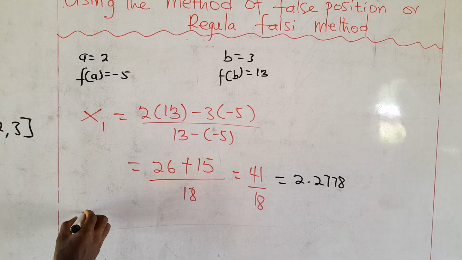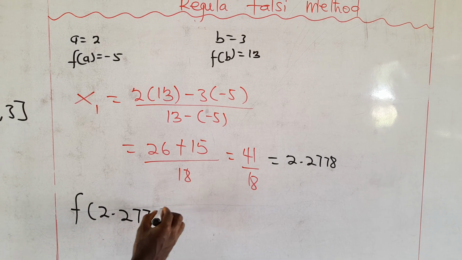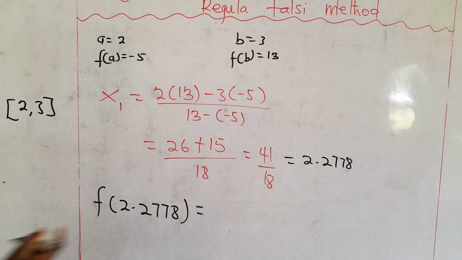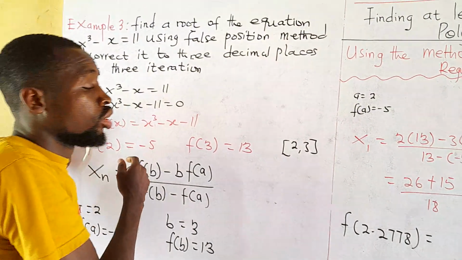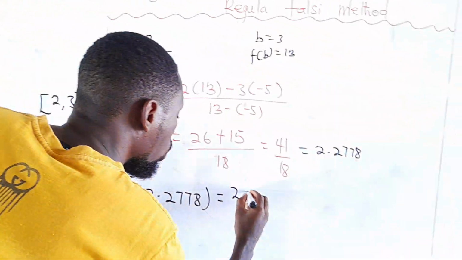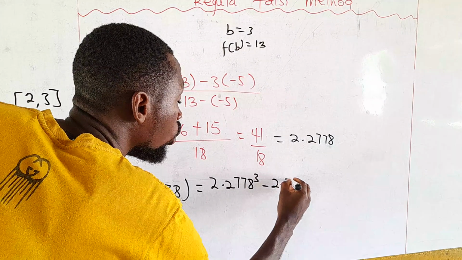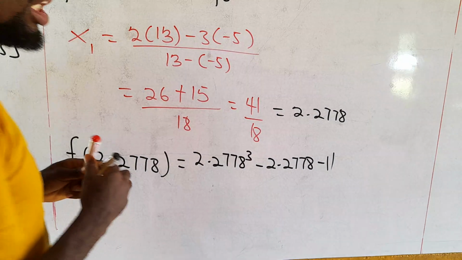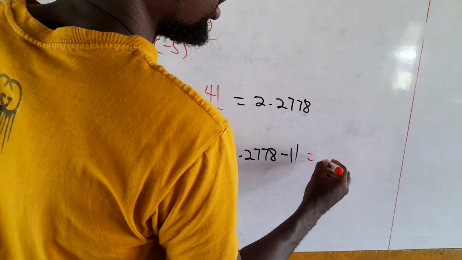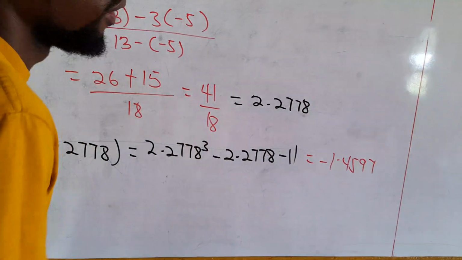So now we need to find f of 2.2778. We substitute 2.2778 into this. So we can say this is 2.2778 exponent 3 minus 2.2778 minus 11. When we do that, we'll get negative 1.4597. I hope you get that.